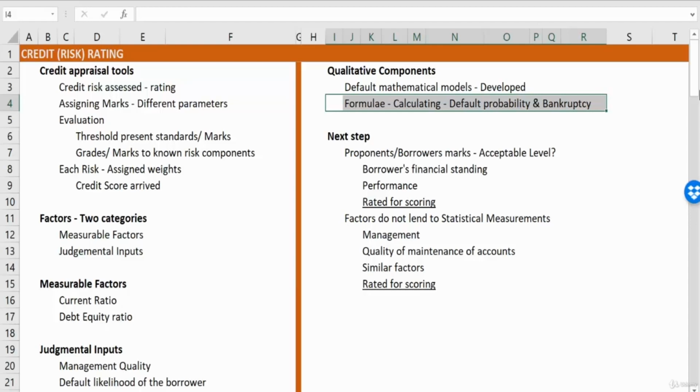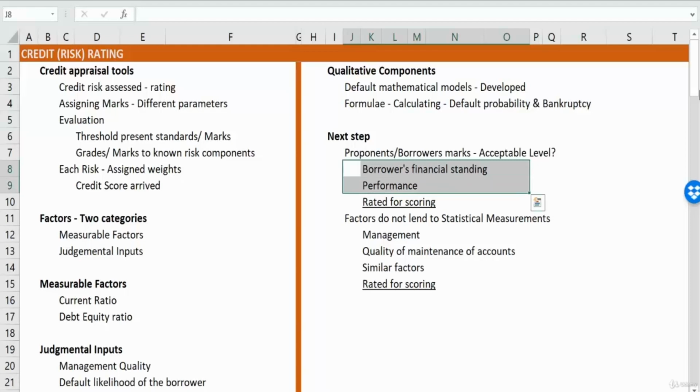The next step is that the bank should decide whether the proponent's or borrower's marks are at an acceptable level. This will be decided based on the borrower's financial standing and performance. It means the borrower's financial standing and performance will be rated for scoring.